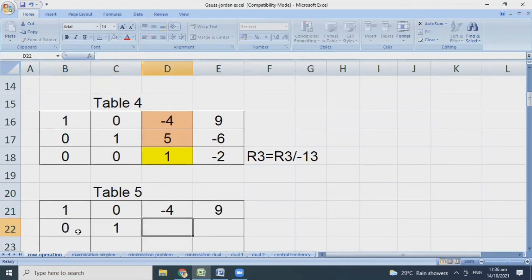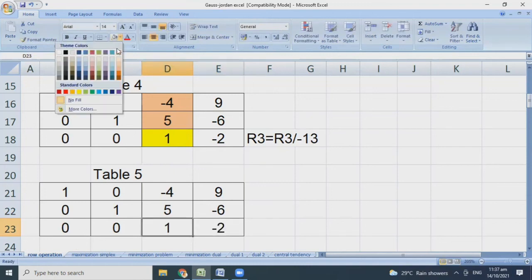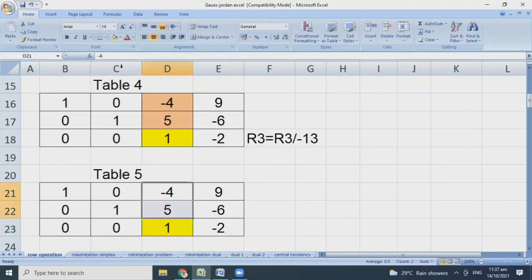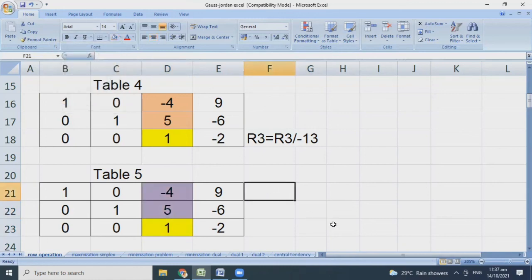0, 1, 5, negative 6. 0, 0, 1, negative 2. So, kailangan ko itong gawing zeros. So, pag ginawa nyo yung formula, row 1 yan is equal to row 1. Negative 4, saan ko siya ipa-plus para maging 0? So, plus 4 times, anong row yung naka-highlight ng yellow? Row 3.